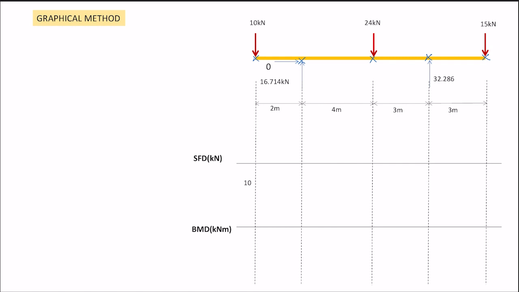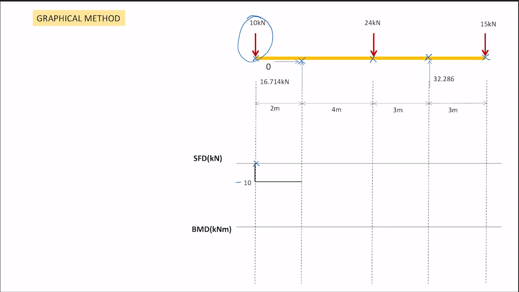Right, for the first one, we look at the very far left here. It is 10 kilonewton force going down, meaning that daripada kosong, you akan gerakkan dia ke 10 kilonewton. Maksudnya sebab dia turun ke bawah, so kosong minus 10. You get negative 10. Next, there is no force along 2 meter of the overhanging beam.